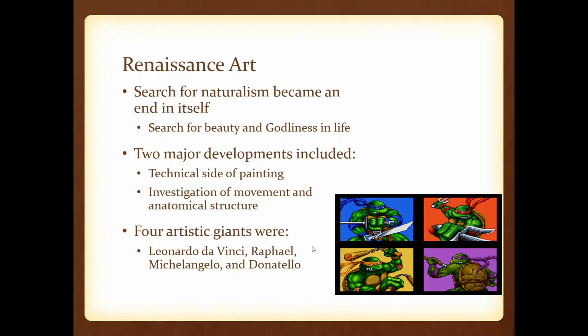Leonardo, Raphael, and Michelangelo are sometimes seen as the trinity of the Renaissance period. Donatello came a little bit earlier, and he's seen as the father of natural sculpture. So these are the four giants of the Renaissance period. If there's nothing else that you know, know that these four men are the epitome of Renaissance art.